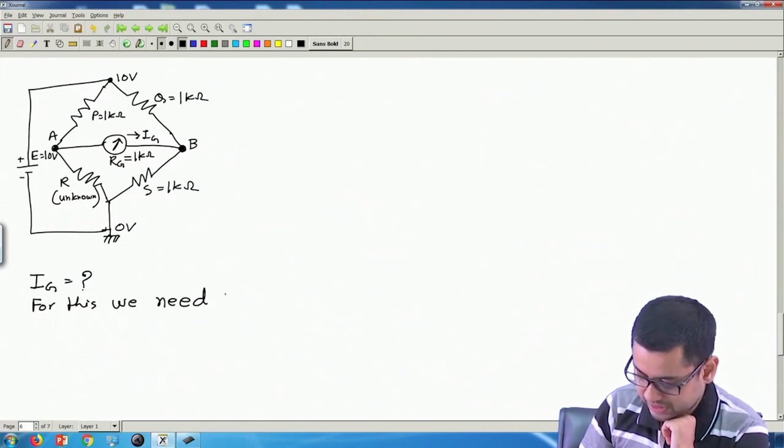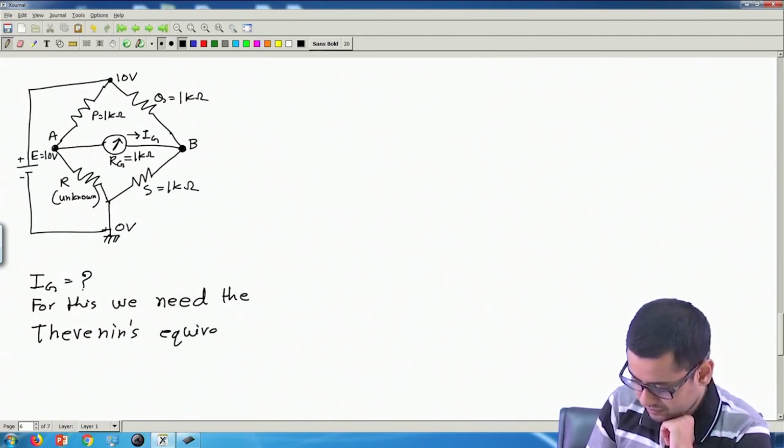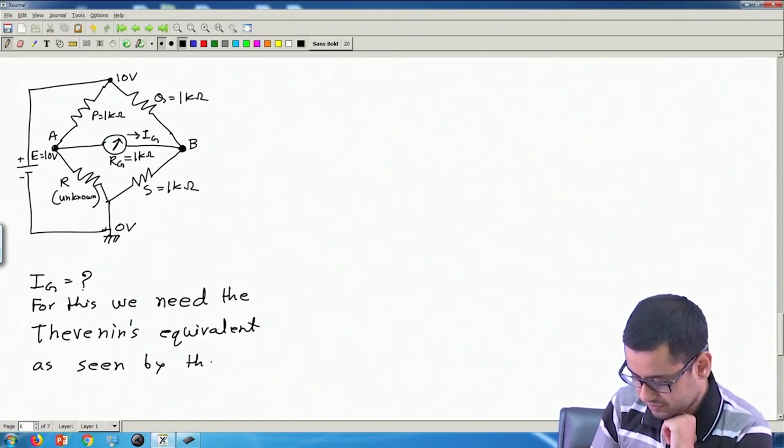For this we need the Thevenin equivalent as seen by the galvanometer.